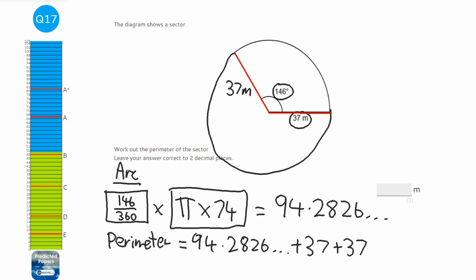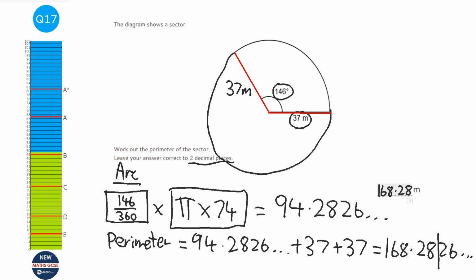So add 37, add 37, and that gives me 168.2826 and so on. To two decimal places, that's 168.28. Now just be careful that you add on the extra bit. When it asks you for a perimeter, just make sure you've gone the total distance around the shape. Put a dot and just draw with your finger around the shape to make sure you've got all the distances.